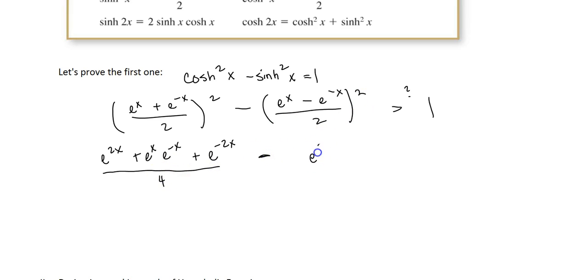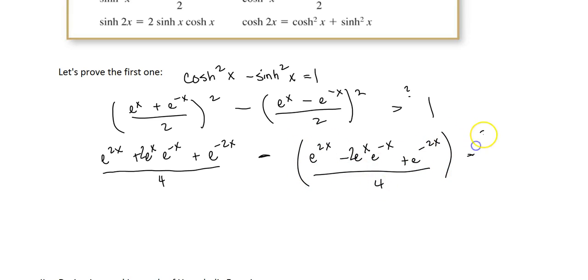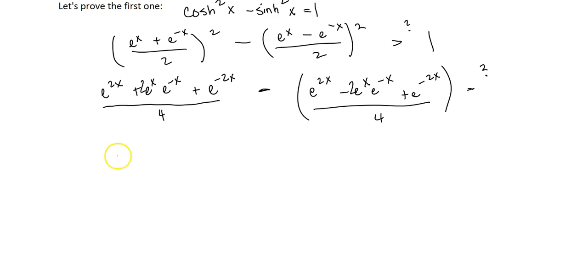This one is going to be e to the 2x minus 2 times e to the x times e to the negative x, plus e to the negative 2x, divided by 4. So this will be e to the 2x. This actually becomes a 1 because you add the exponents and get e to the 0. So 2 times 1 plus e to the negative 2x, divided by 4.